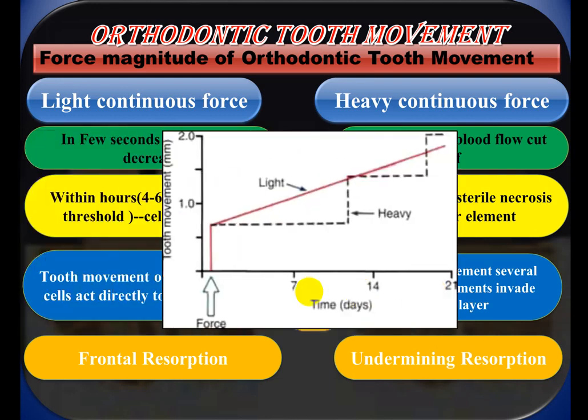If we return to this diagram of the movement of force in millimeters against days, you can see here that the red line represents the application of light continuous force, initially in the lag phase, and then in the post-lag phase, the tooth starts its smooth tooth movement some days later.